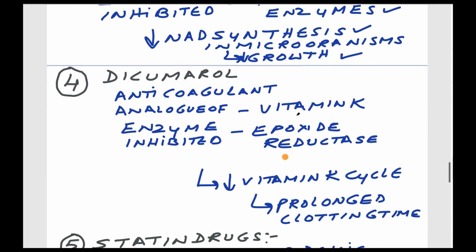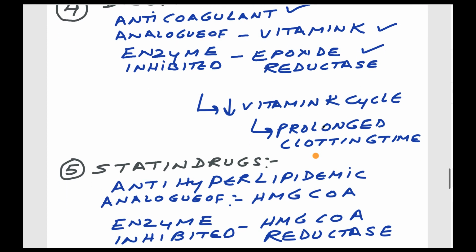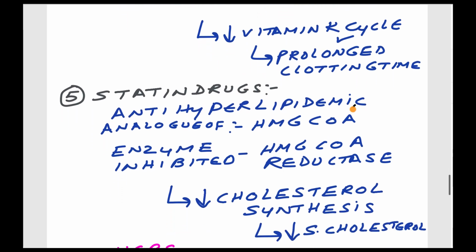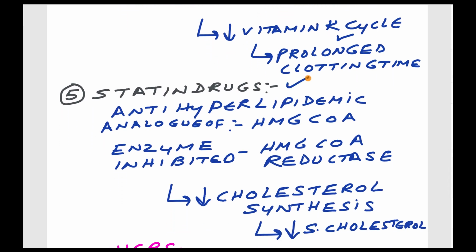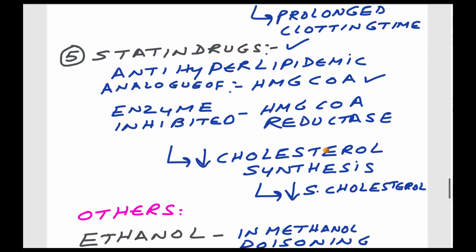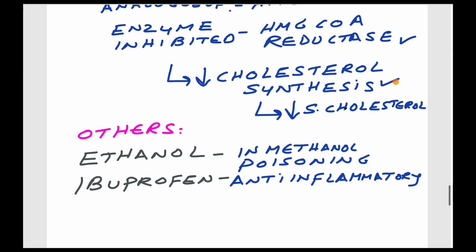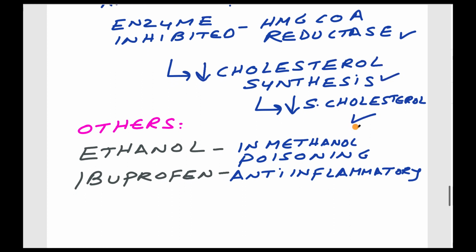Dicumarol, an anticoagulant, is an analog of the substrate vitamin K. The enzyme inhibited is epoxide reductase, and due to this, the vitamin K cycle is hampered, leading to prolonged clotting time. Statin drugs, anti-hyperlipidemic drugs, are analogs of the substrate HMG coenzyme A. The enzyme inhibited is hydroxymethyl glutaryl coenzyme A reductase. Cholesterol synthesis is decreased, and serum cholesterol levels are decreased.